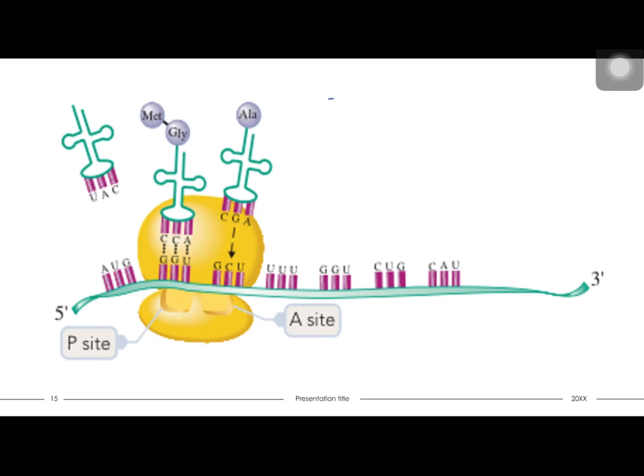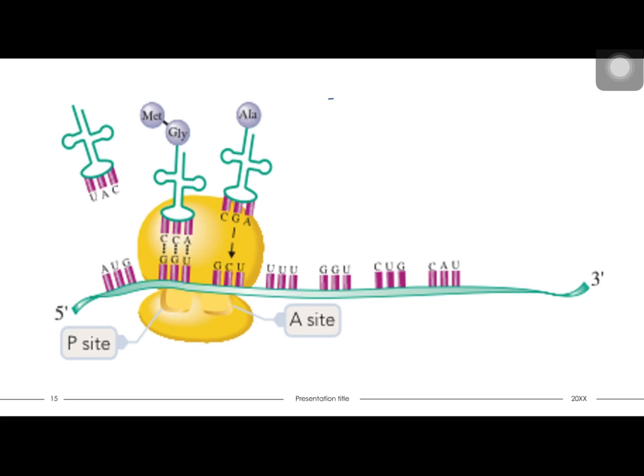For example, right here, our third codon in our mRNA is GCU. So the tRNA that will attach to this codon should carry the anticodon CGA and carry the amino acid Ala, or alanine.